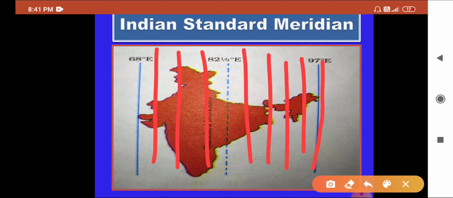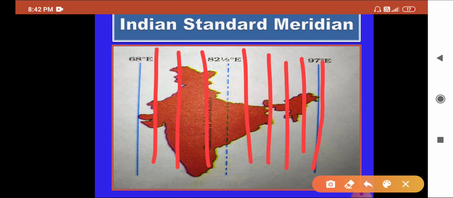So if we see that from Gujarat to Arunachal Pradesh there is a difference of 2 hours timing as per the longitudinal lines. Meanwhile, if it is 10 o'clock in Gujarat, then in Arunachal Pradesh it would be 12 o'clock.